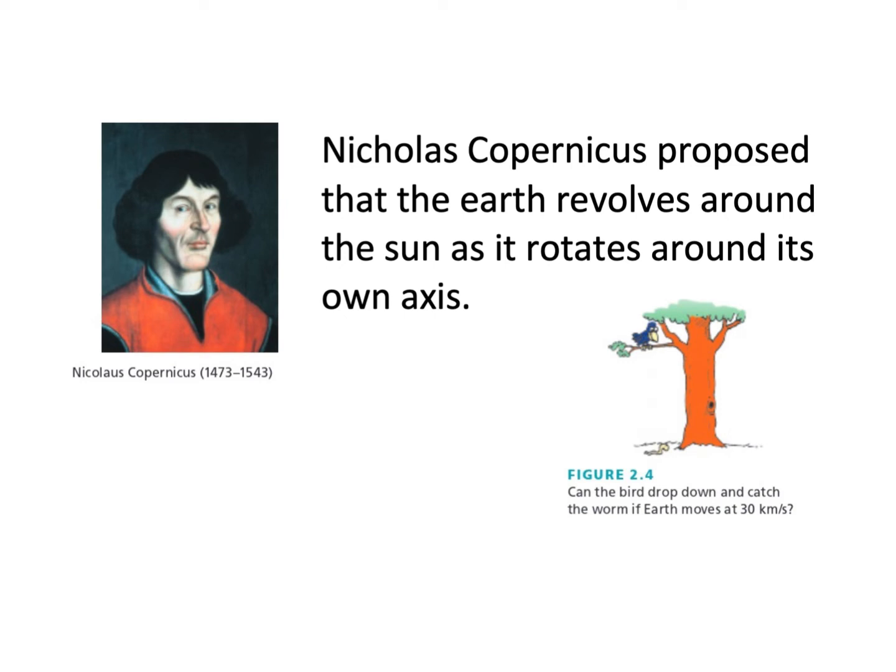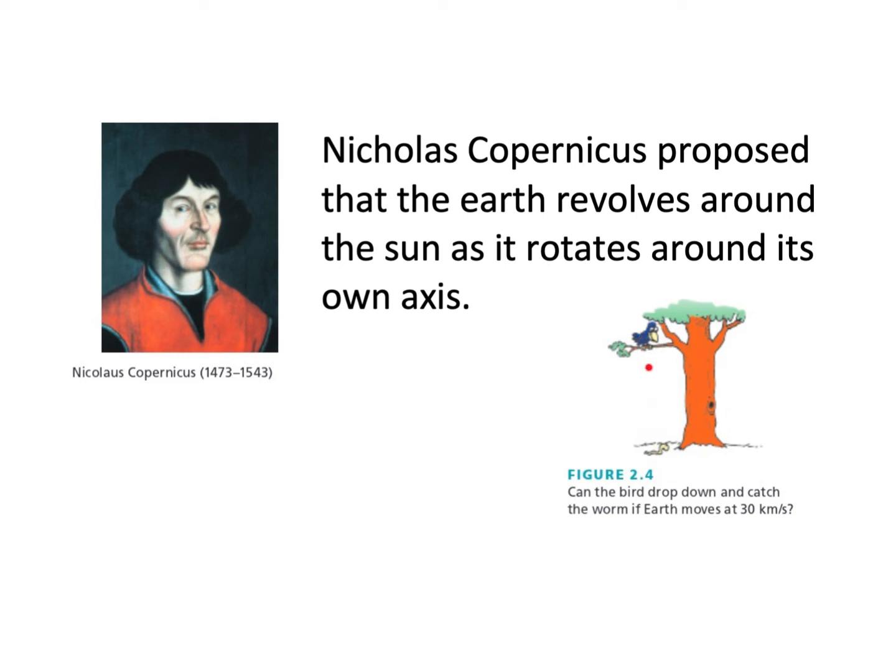But of course, we know that things always want to keep the same motion they have. And so the bird and the tree and the worm are all moving together as the Earth moves. And so when the bird drops down, yes, the worm is moving that way very fast, the tree is moving that way very fast, but the bird is also moving that way very fast, and they're all moving in sync with one another.